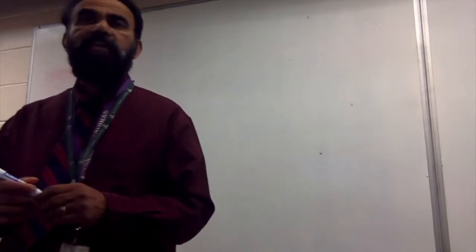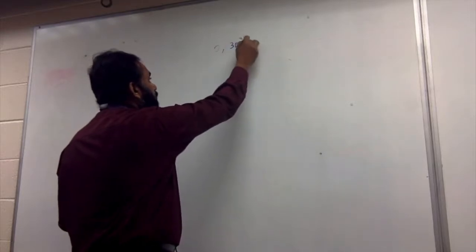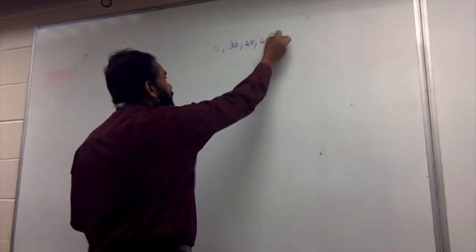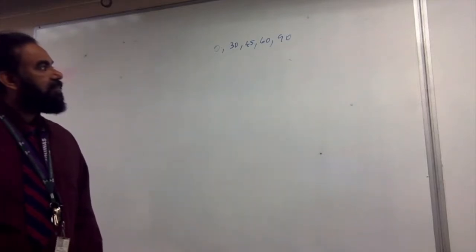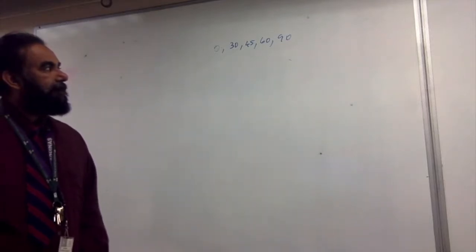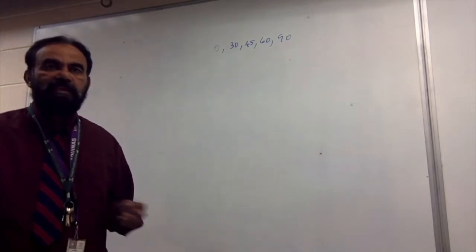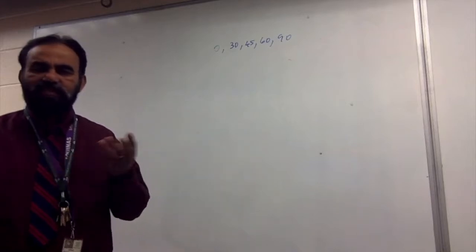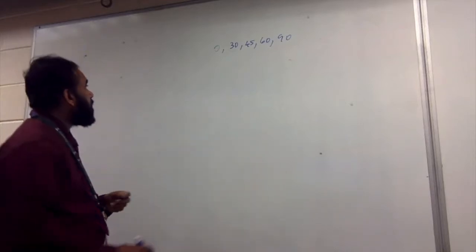They are special angles: 0, 30, 45, 60, and 90. The sine, cos, and tan of all these can be easily written down, and I'll show you how.